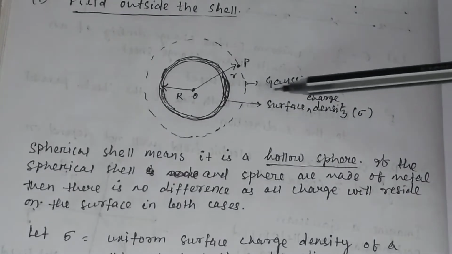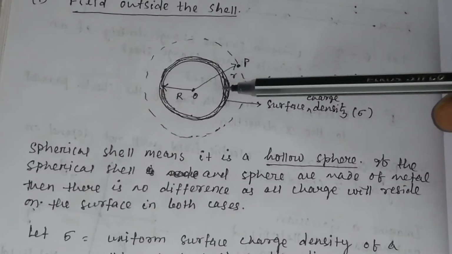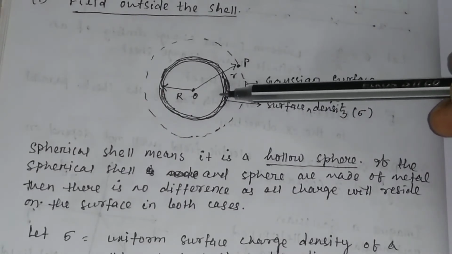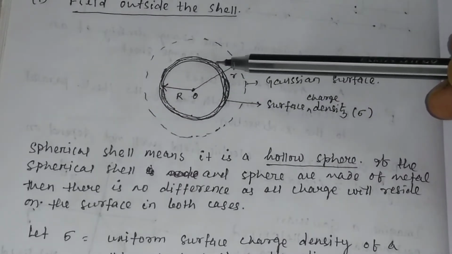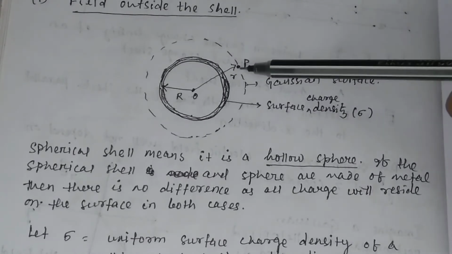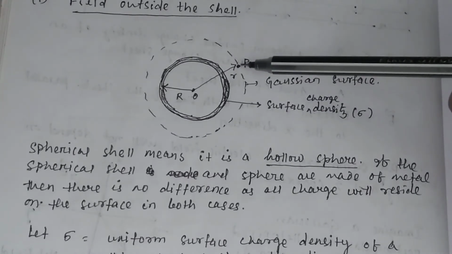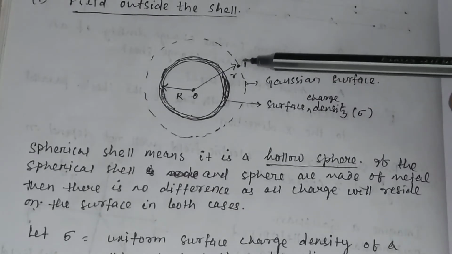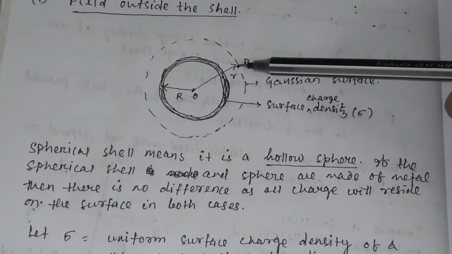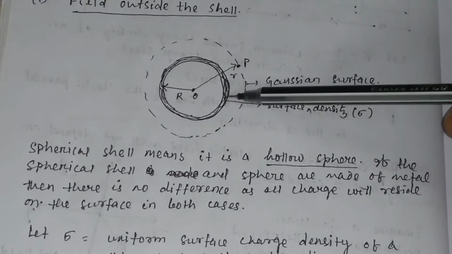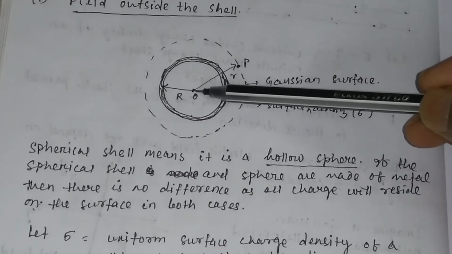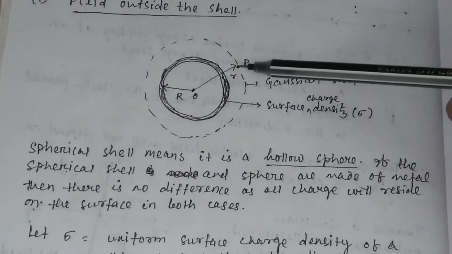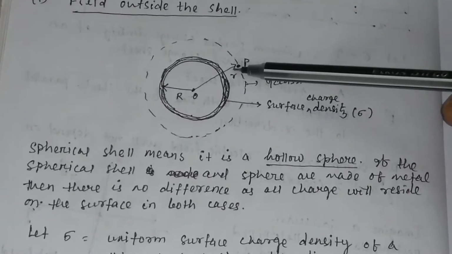So sigma is the uniform surface charge density of a thin spherical shell of radius R. Imagine a point P where we want to calculate the electric field, outside the spherical shell. Suppose the distance from the center of the spherical shell to this point is small r.